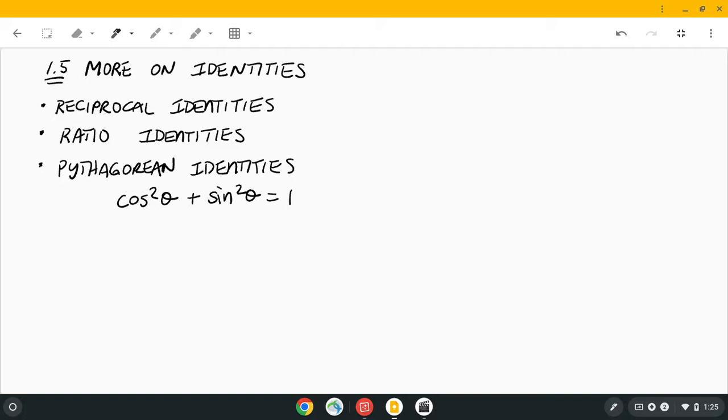When we divide both sides by cosine squared, we end up with 1 plus tangent squared theta equals secant squared theta. If we divide both sides by sine squared, then we end up with cotangent squared plus 1 equals cosecant squared. Okay, so these are the three Pythagorean identities that we looked at in the last section.